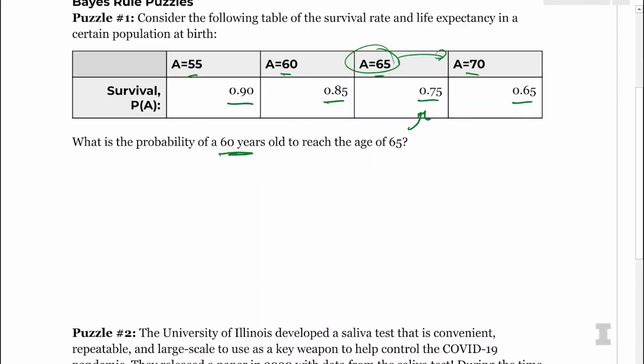Right. So let's write this in probability notation. I want to know the probability of reaching 65 given that you are 60.